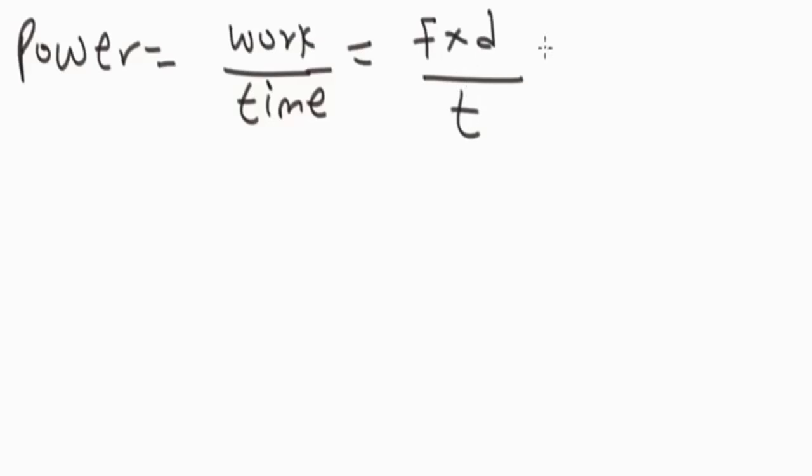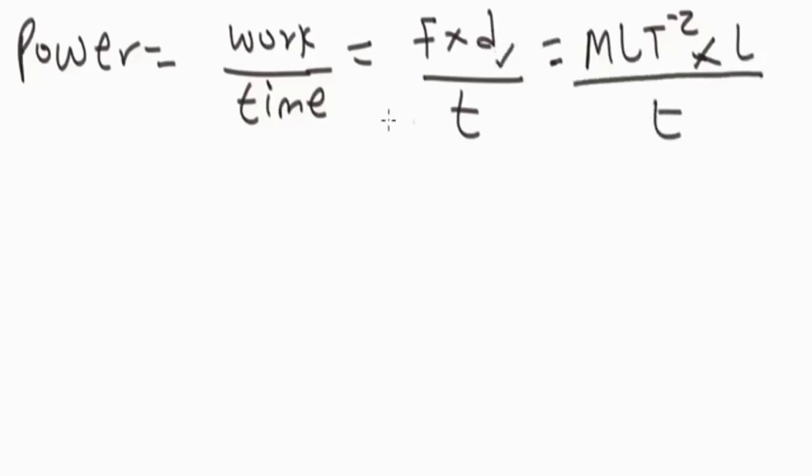Now the dimension of force, we have it to be mass times length times per time square, then times this distance here, which is talking about length, then over time.